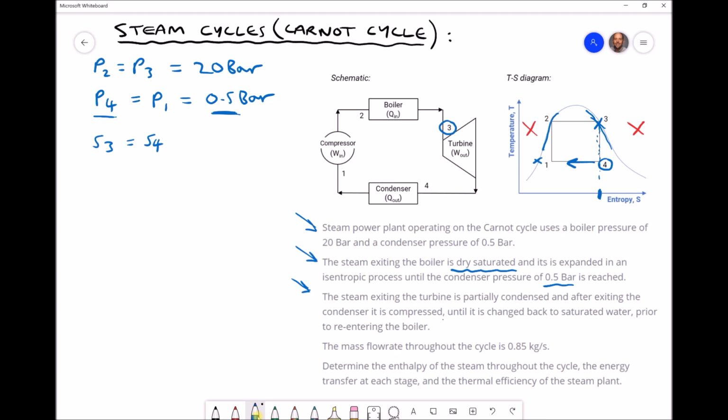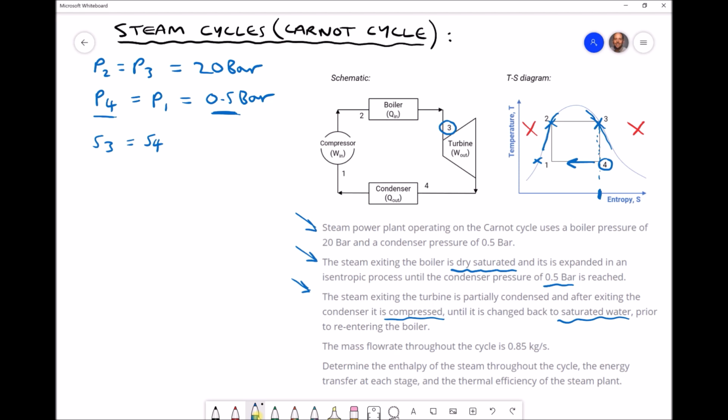Next it tells us that after exiting the condenser, it's compressed until it changes back to saturated water prior to entering the boiler. Going from position 1 to position 2 through the compressor, we know that the exit of the compressor is saturated water or wet saturated vapour.